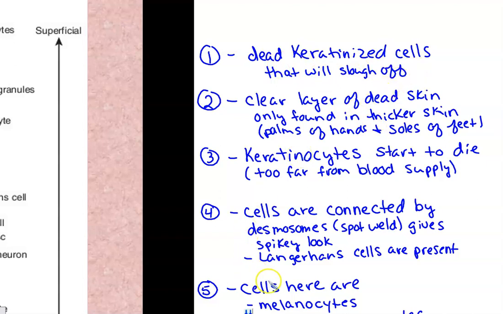Basically they're starting down here, those keratinocytes, because the melanocytes stay down there. Remember, those melanosomes fill up with melanin, and the keratinocytes end up with the melanin. But your keratinocytes start and push their way up, and they are dying as they get to the top.